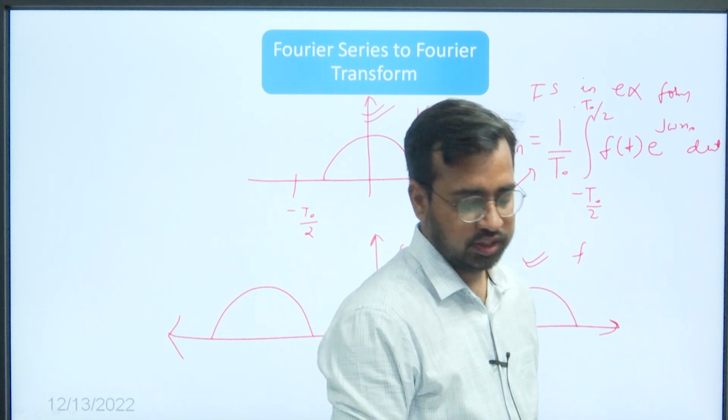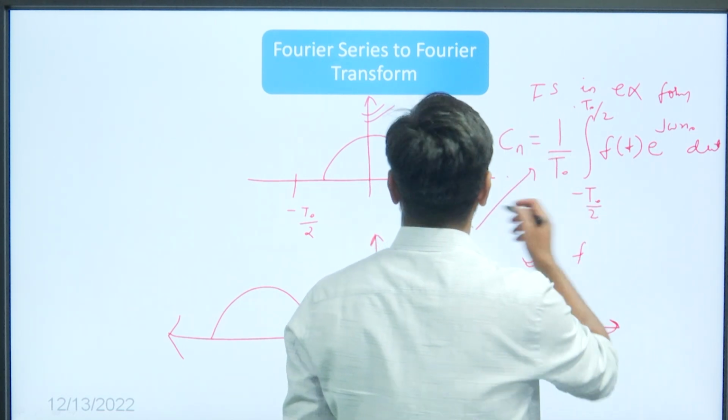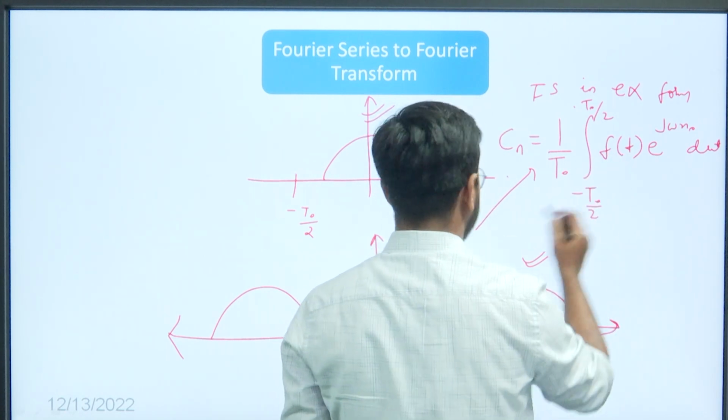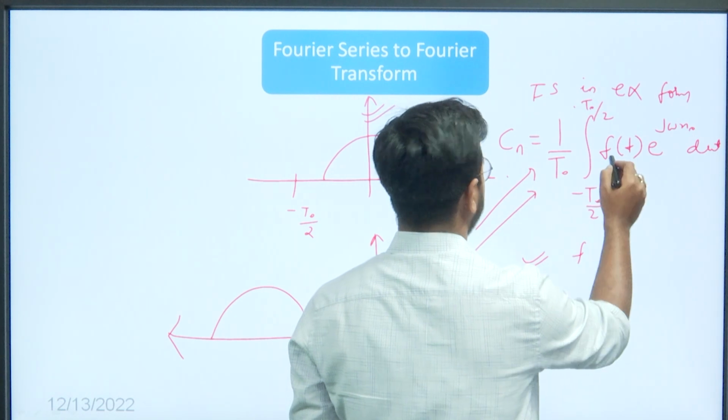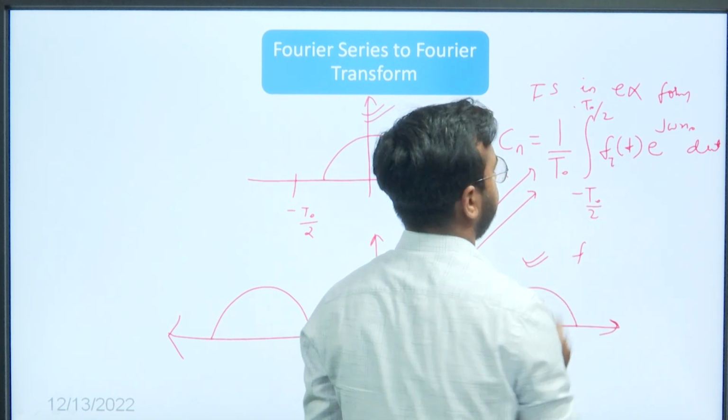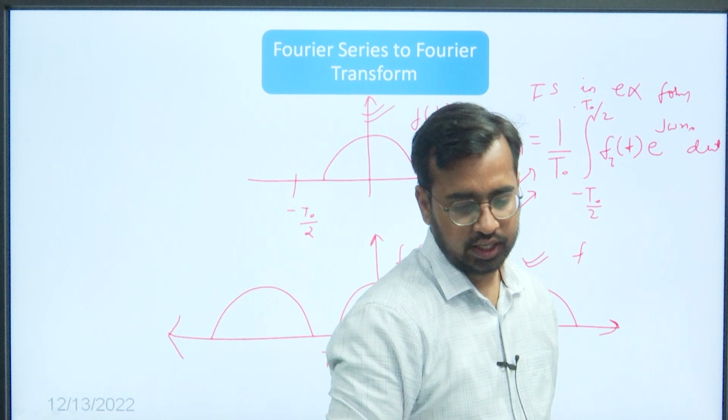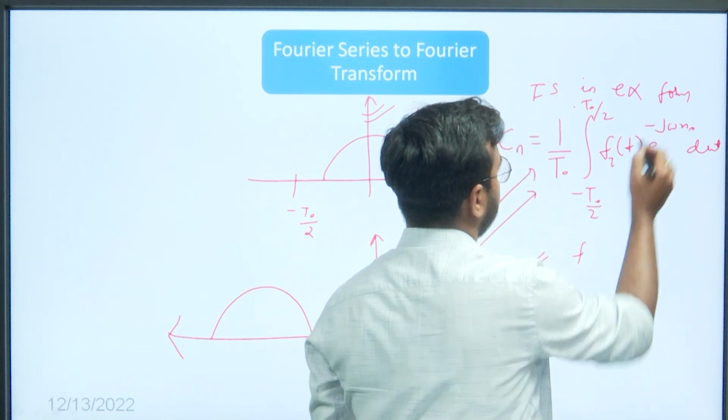This is how we will write it, we are denoting it by f(tau). So this is how we will write Cn.